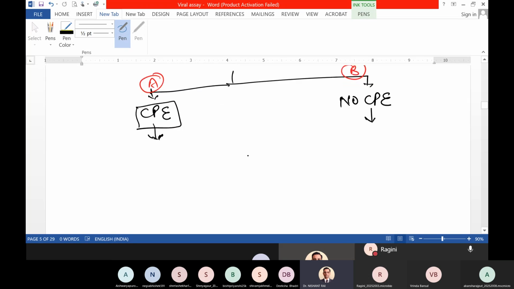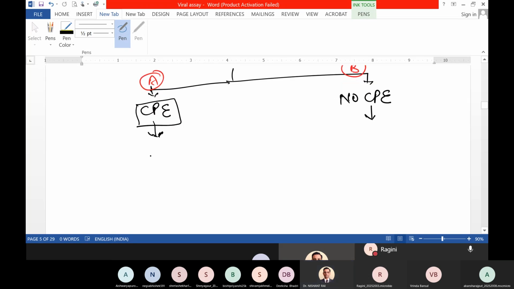So if CP is observed, then what does it mean on the basis of nucleic acid? Whether it is DNA containing or RNA containing, that is the question. Will it be DNA containing or RNA containing in this case? Common sense, nothing rocket science. Cytopathic effect is observed. So is it a DNA containing virus or an RNA containing virus?